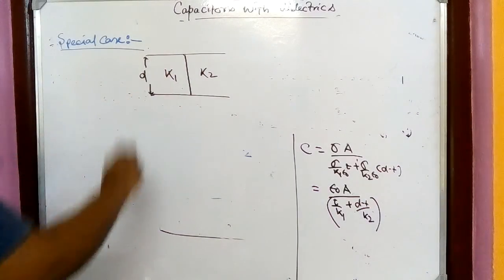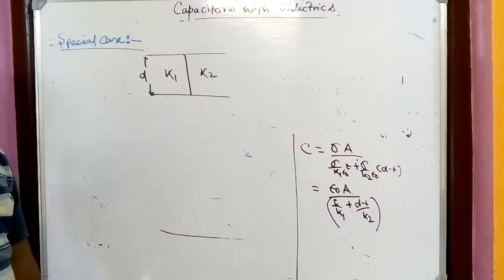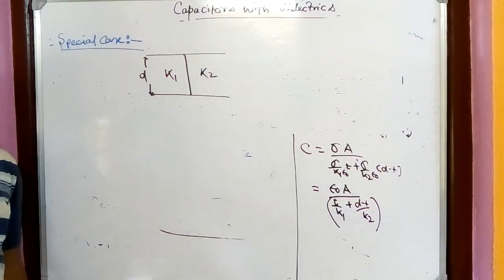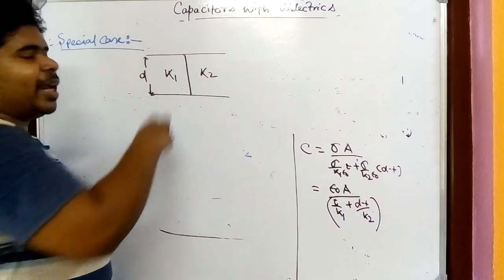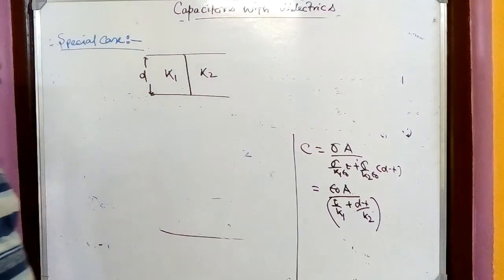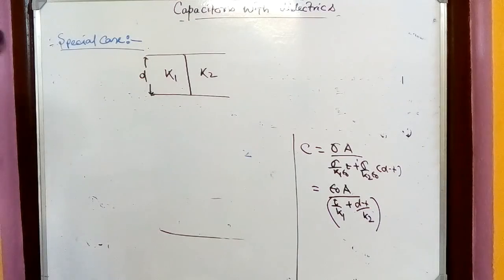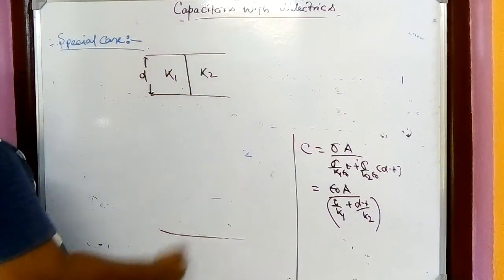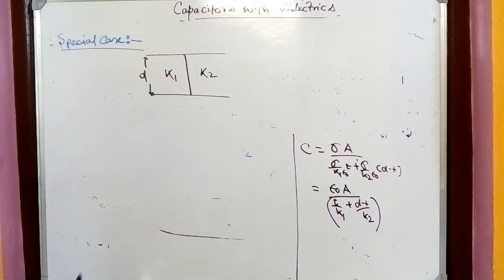Now you see, it seems to be like the series combination we did earlier for resistance, for the case of capacitance, that you see end to end contact. Whenever we have to calculate one, we have to forget about the other. So first you forget about this K2. Assume there is no K2, nothing is there. Then what we have to do?